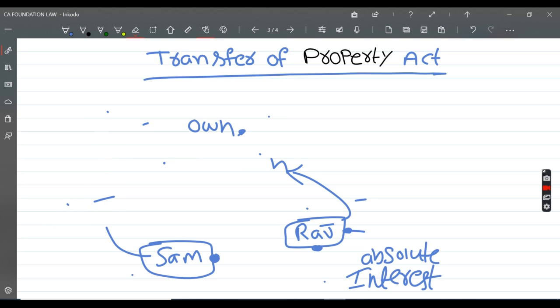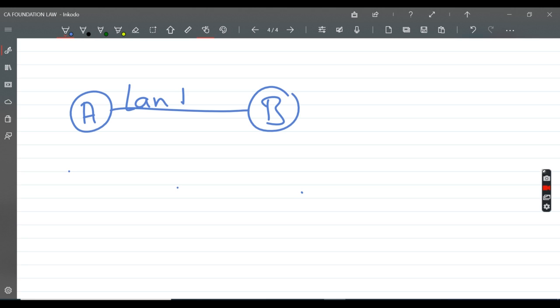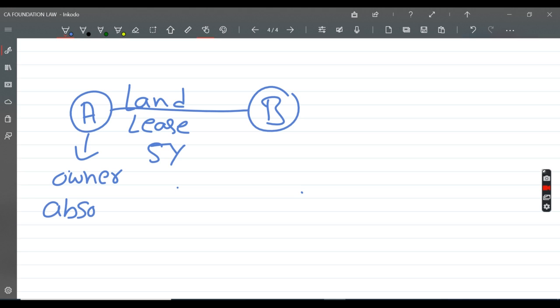Okay, let's move to another page. Let's say A has given land for lease to B for 5 years. So A is the owner, he has absolute interest, so he can do whatever he wants with his land because he is the owner.